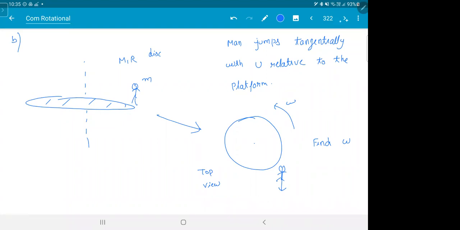See, listen carefully, and this was also asked in the JEE exam. Initially, when the man was standing here, everything was at rest. So L initial would be 0.